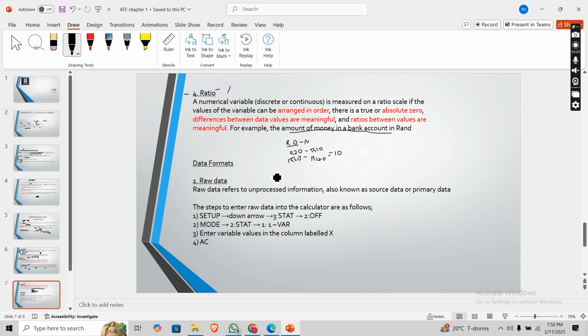So standard number 2 is met. The second standard for ratio and interval, if you noticed, is the same.